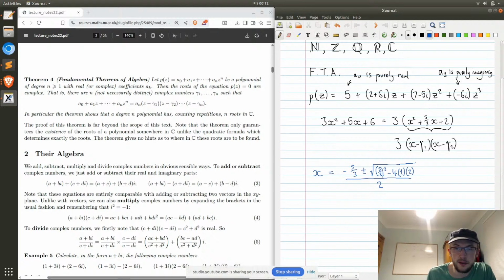Now, 5/3 squared is 25/9. And then I've got to take away 8 from 25/9.